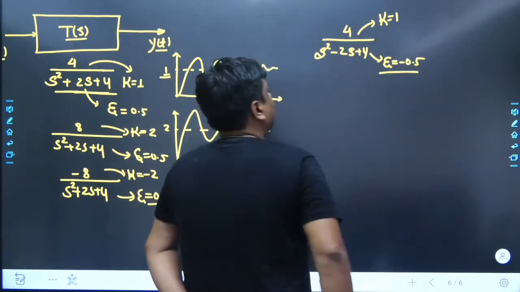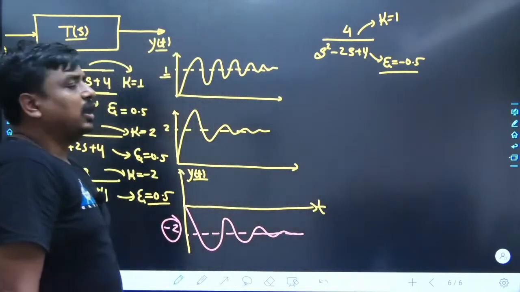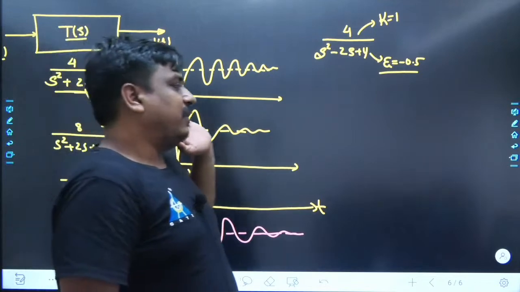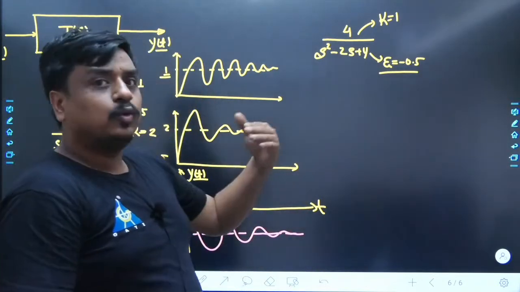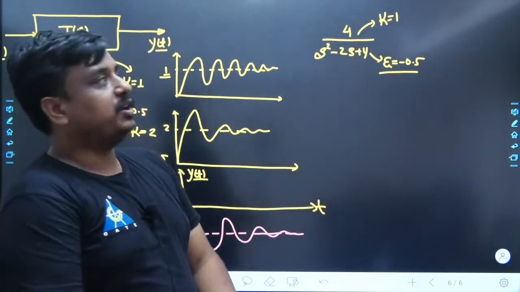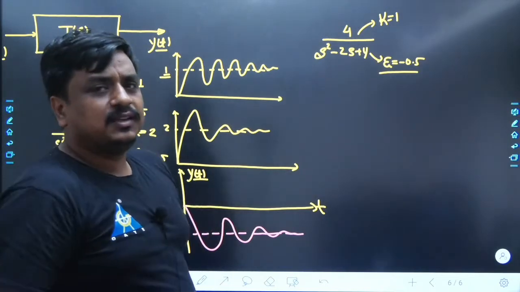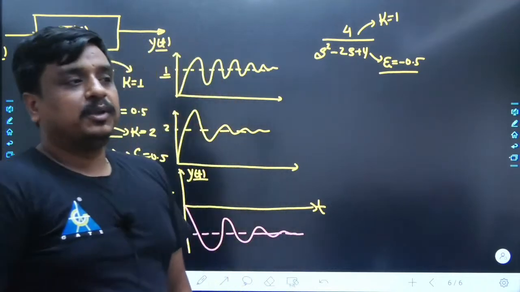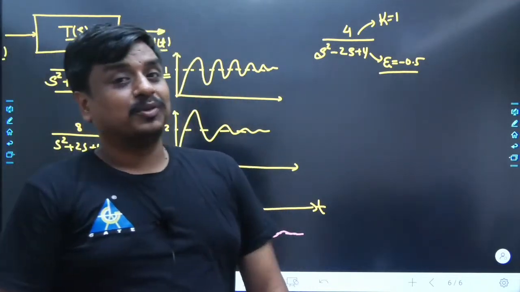As we have seen earlier, whenever the value of zeta is less than 0, the system is unstable, and when it is excited with the unit step, the output would always be unbounded in nature. When zeta is between 0 and minus 1, the poles are complex conjugate with a positive real part.